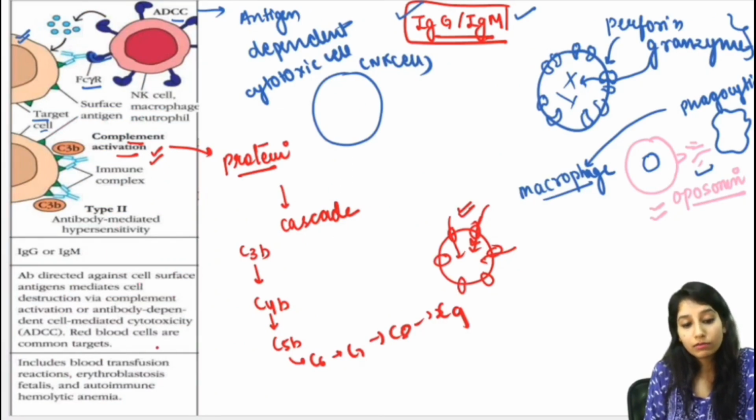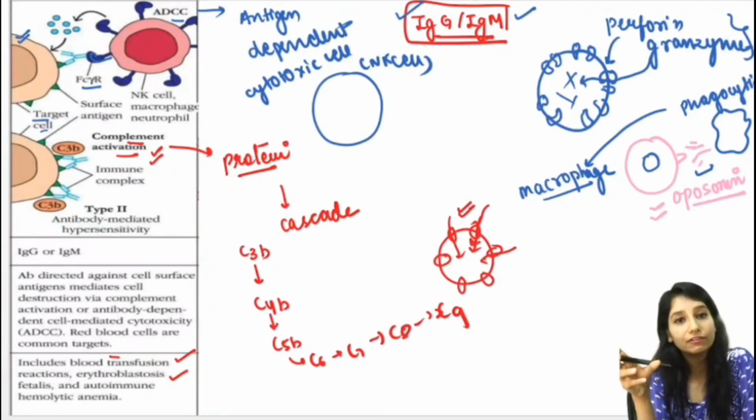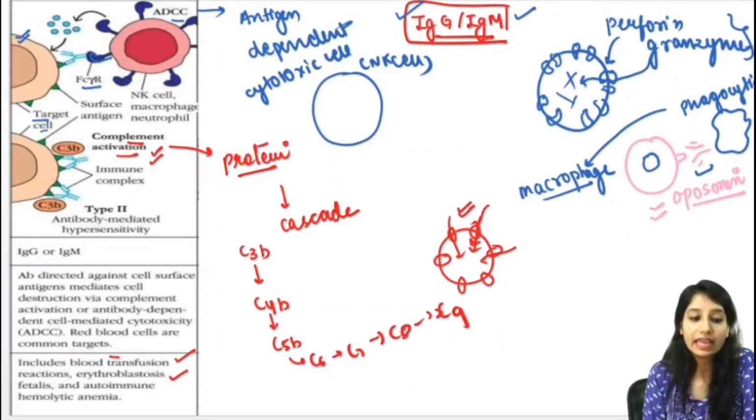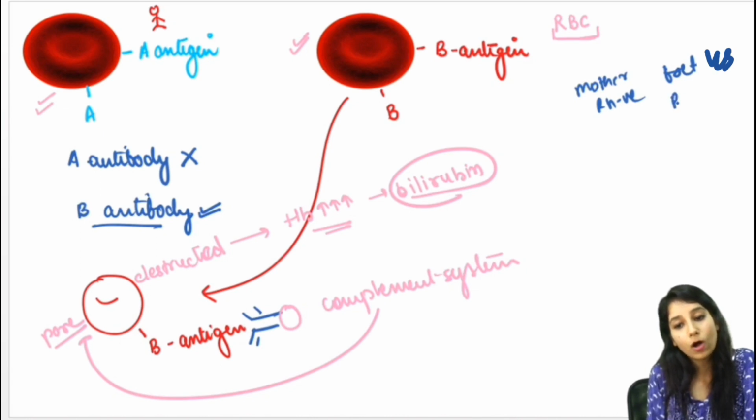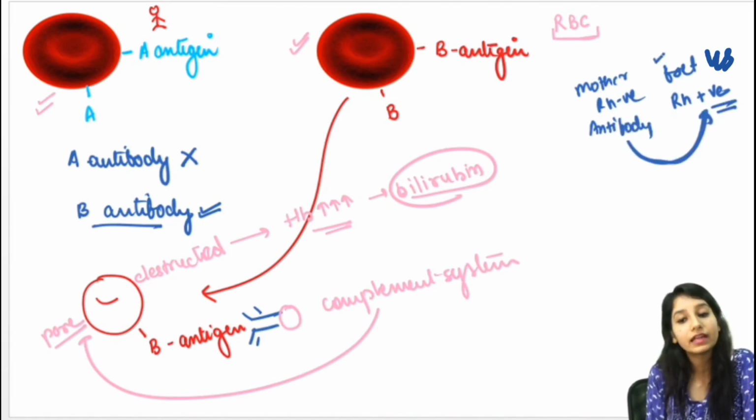There are a number of other examples. For example, we have already talked about blood transfusion. After that, erythroblastosis fetalis occurs when the mother is Rh negative and the baby is Rh positive. The same kind of condition will occur: if the mother is Rh negative and the fetus is Rh positive, this mother will create antibody against the Rh positive, and it can result in the destruction of the fetal RBCs.